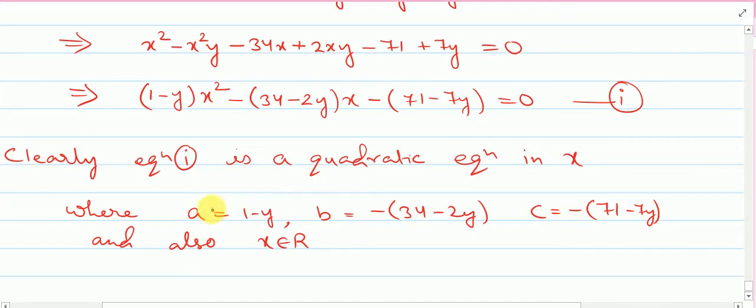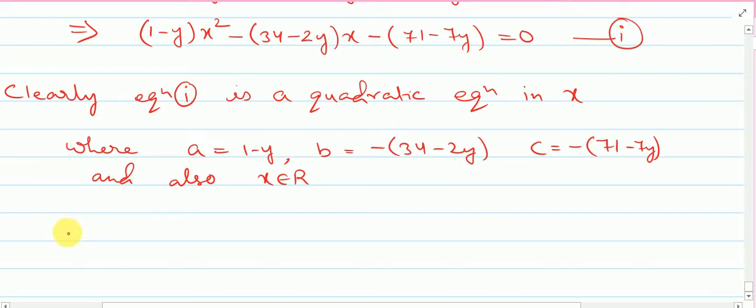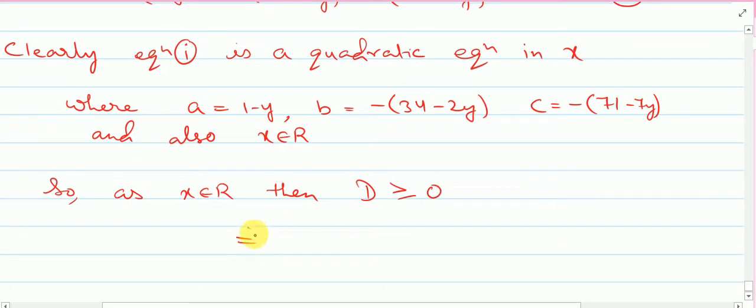So if you have a quadratic equation where x is from real numbers, then in that case the discriminant will be either 0 or greater than 0. So as x belongs to R, then D will be greater than or equal to 0. This implies b square minus 4ac will be greater than or equal to 0.